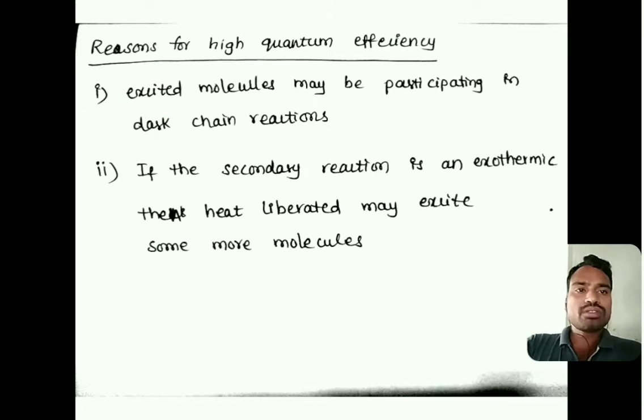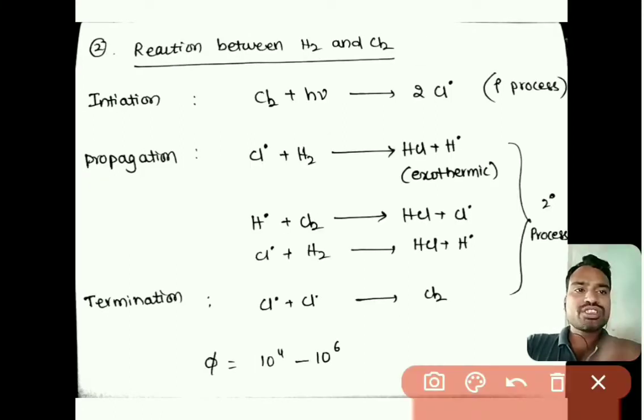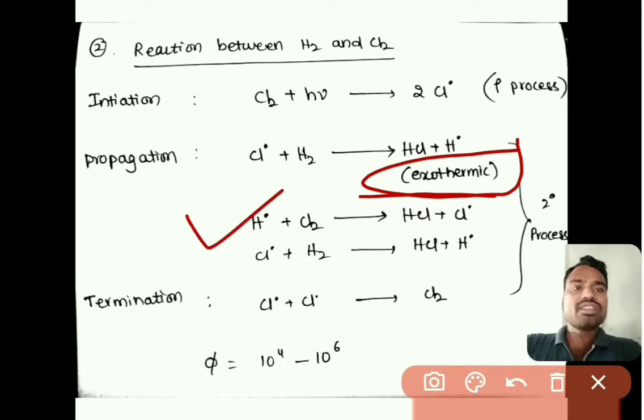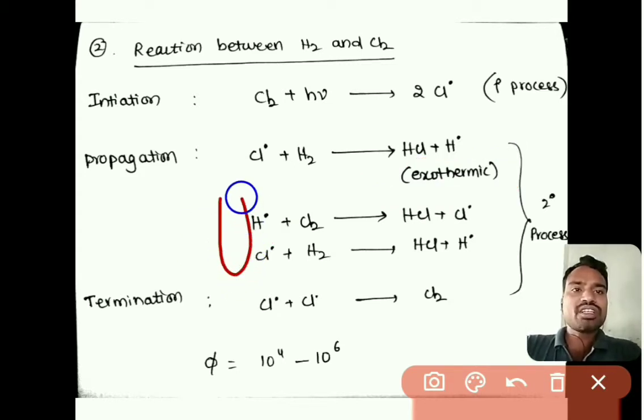So if you observe the reaction between H2 and Cl2, both things are there. Here the secondary reaction is exothermic. So because of the exothermic reaction, some heat is liberated in this reaction, which activates some more reactant molecules, so that a chain reaction takes place.